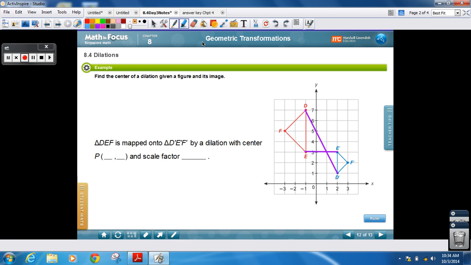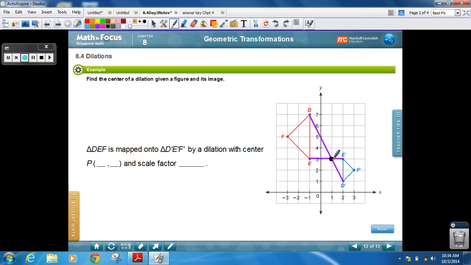Where they intersect then is our center of dilation again. If I were to connect F to F primed, it would also go through this same point. So my center of dilation, oops, sorry, I did it in the wrong order, is 1, 3. Because remember, you go left or right first and then up and down.